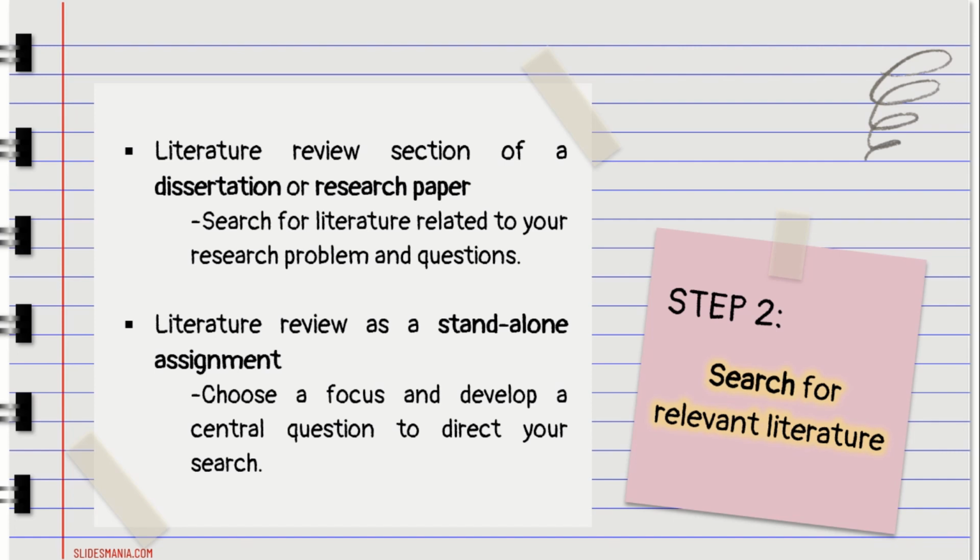But if you are writing a literature review as a standalone assignment, you will have to choose a focus and develop a central question to direct your search. Unlike a dissertation research question, these questions have to be answerable without collecting original data. You should be able to answer it based only on a review of existing publications.